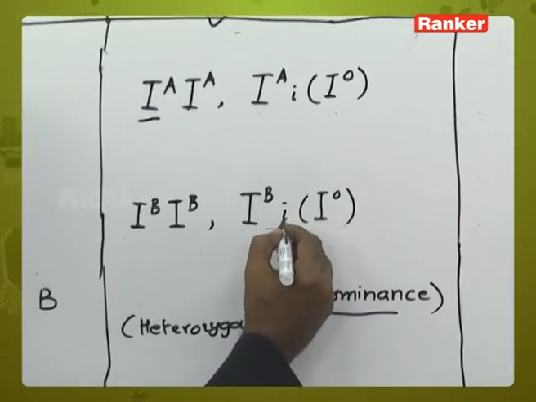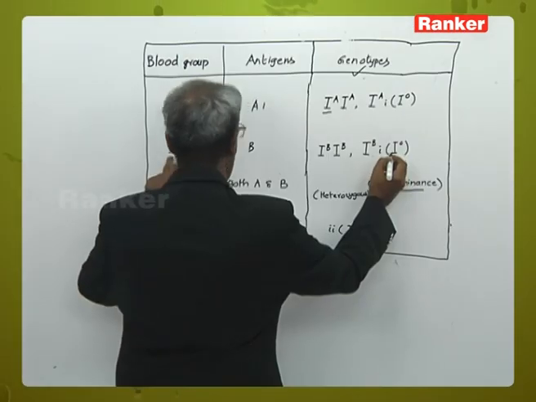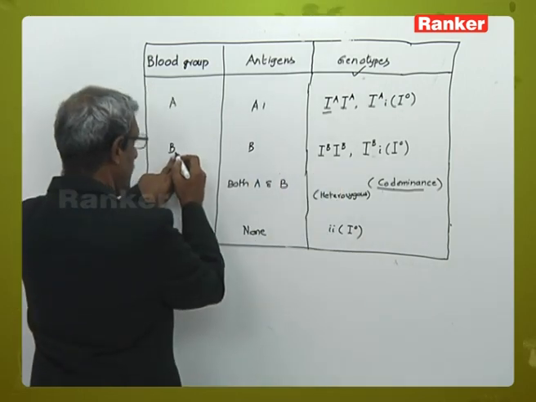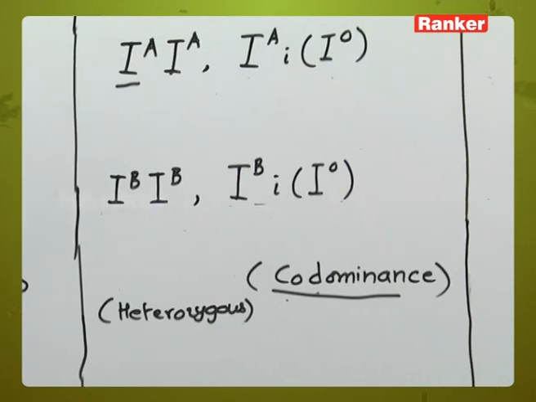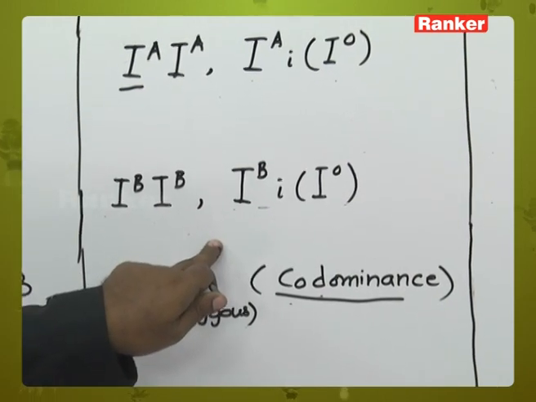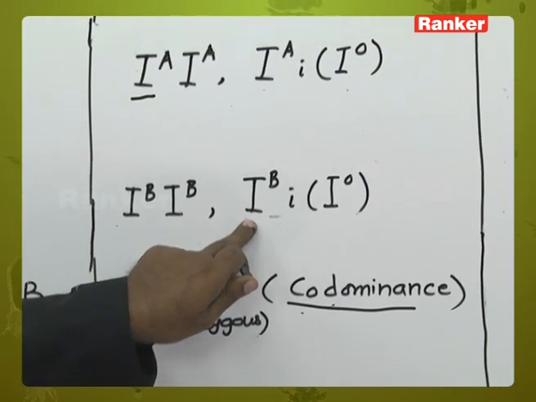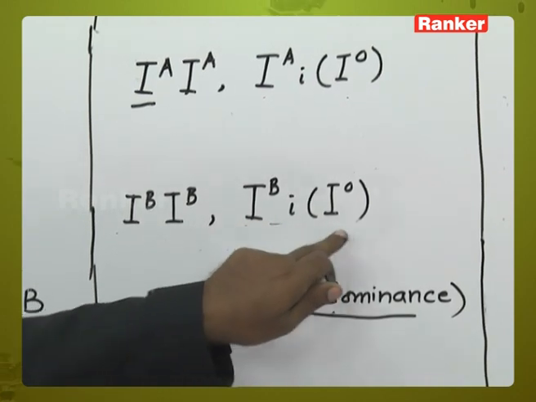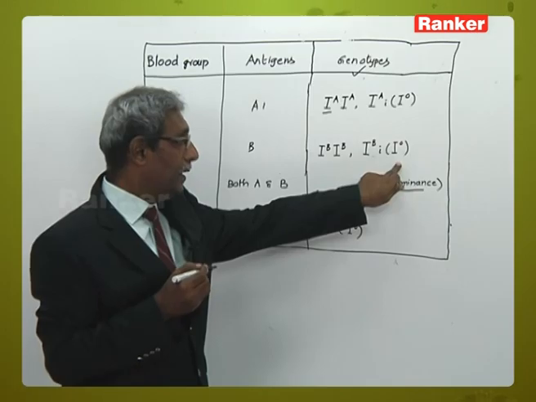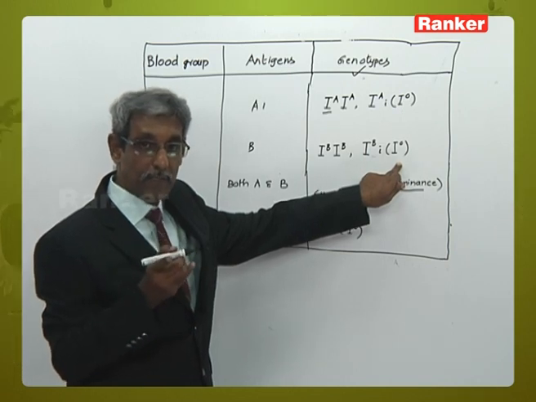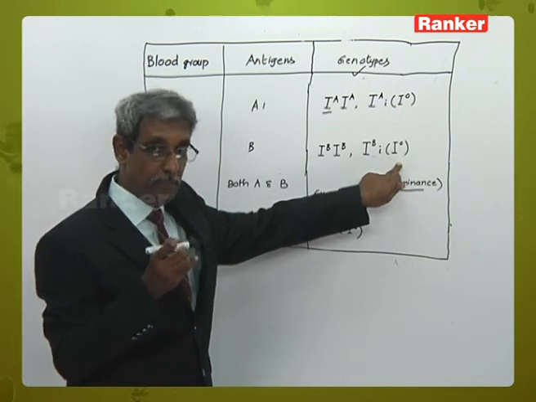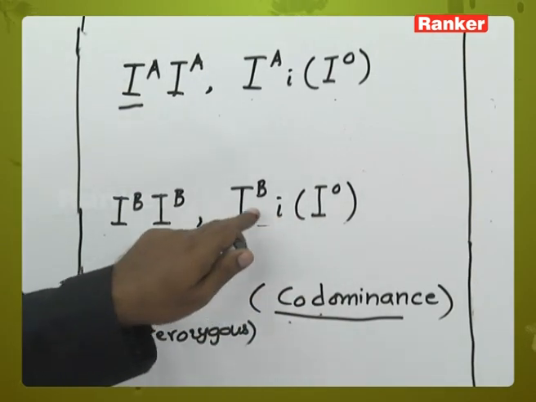Because the father has blood group B, the choice remains as IB, and if one of the genotypes is IB, then the next is also i. Thereby the correct answer for question number 12 is B, which is designated as IB and i.